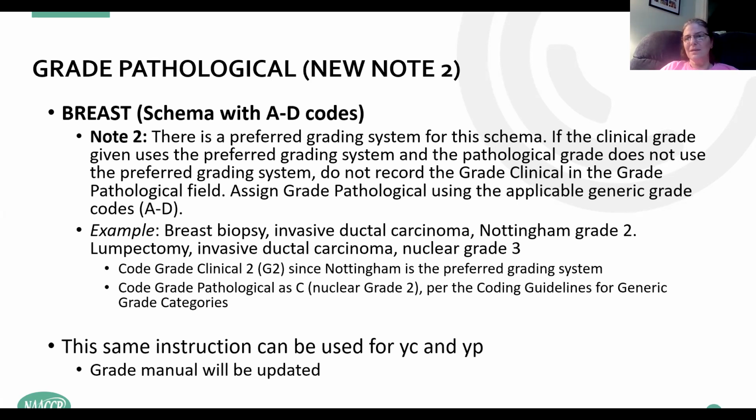So that's why that note was implemented. And the same instruction can be used for YC and YP. And this is one of the things that we discovered was missing after this grade webinar that Jim and I gave.